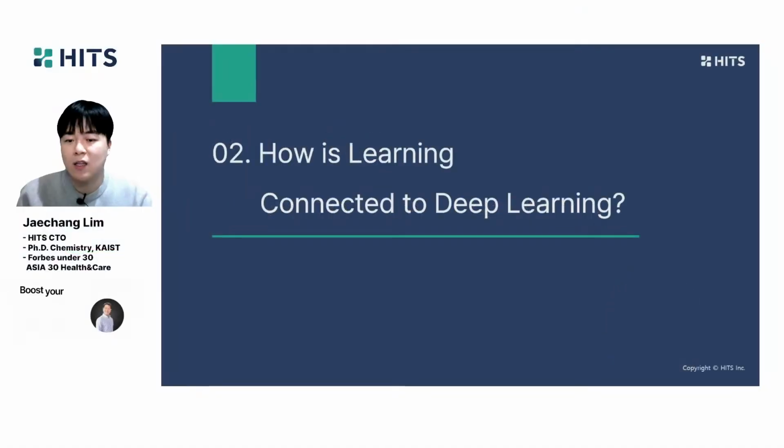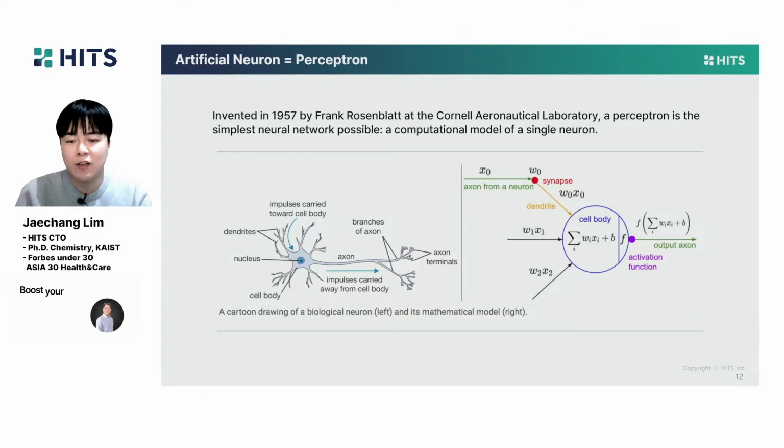So in the next part, we will see how learning connects to deep learning. So let's explore that now. As explained earlier, we have neurons, and if we create a mathematical model of a neuron to be processed by computers, we can make virtual neurons and even a virtual brain. This idea started in the United States in 1957, leading to the proposal of the perceptron, an artificial neuron.